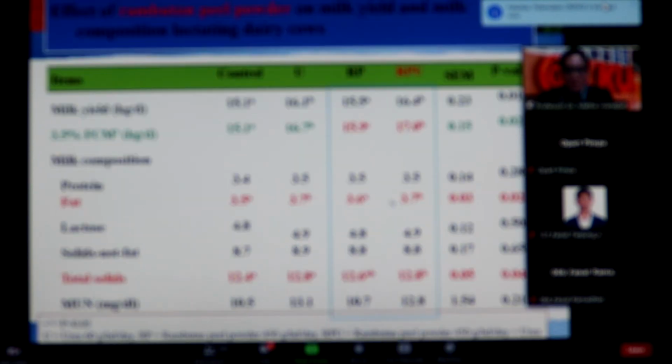Please go on and see this one. In terms of milk yield, it was also significantly improved. Now I got it: rambutan fruit peel. We eat it, right? You eat it every day.